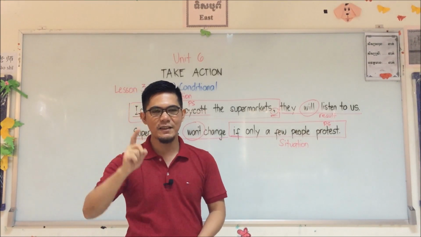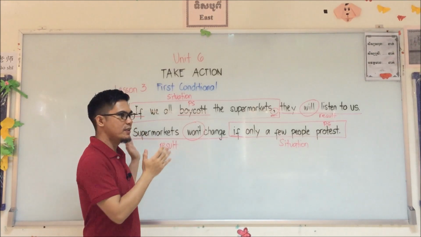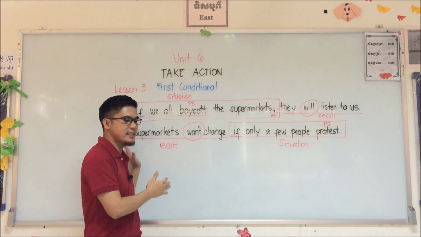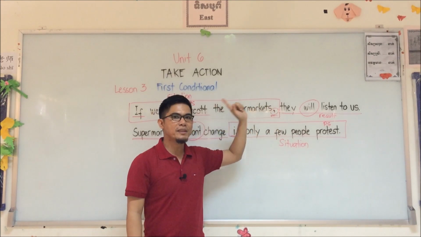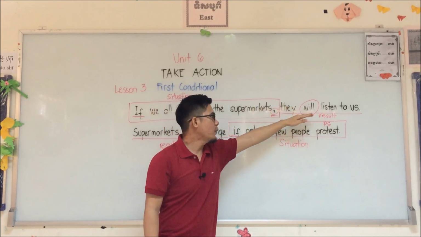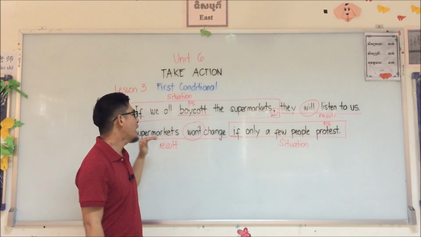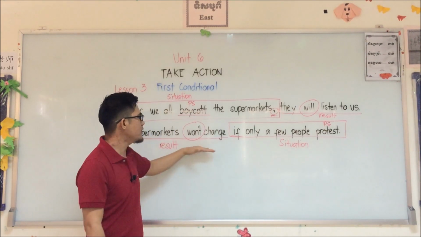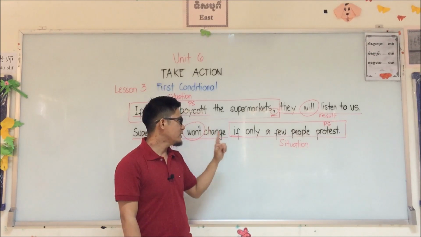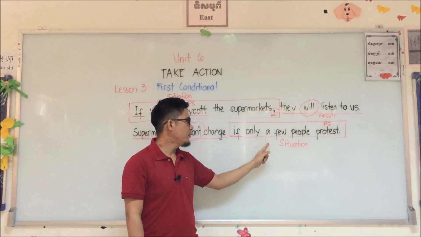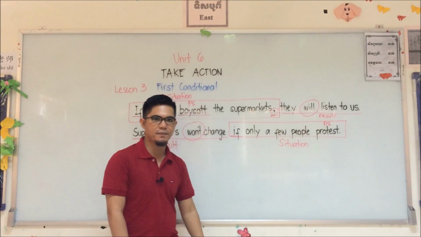Number one is, if we use the situation first in a sentence, we use a comma, and then we describe the result using will or won't. But if we use the result first in a sentence, no need to put a comma, just continue with a future possible situation.